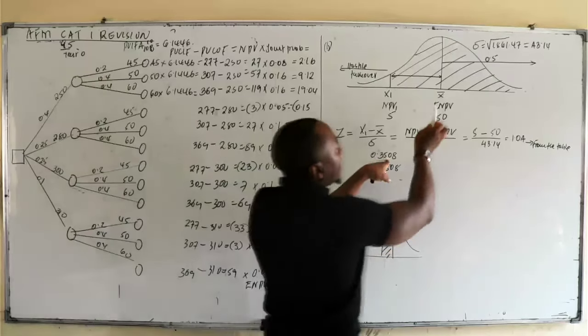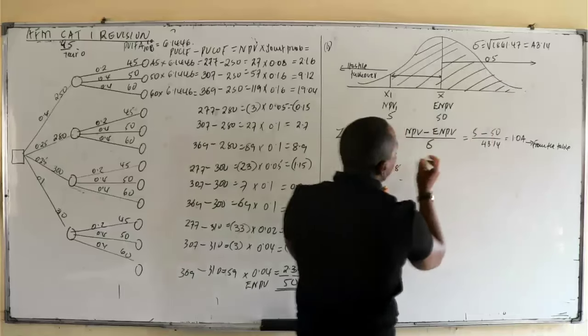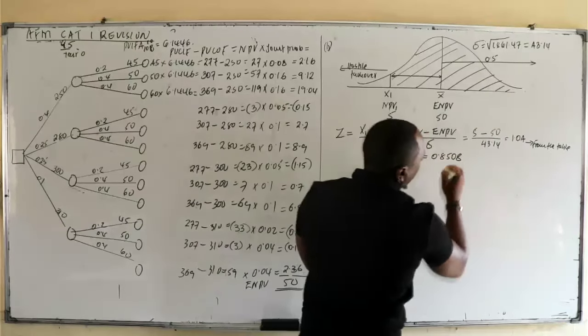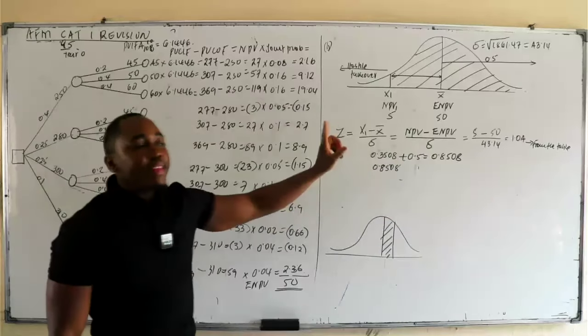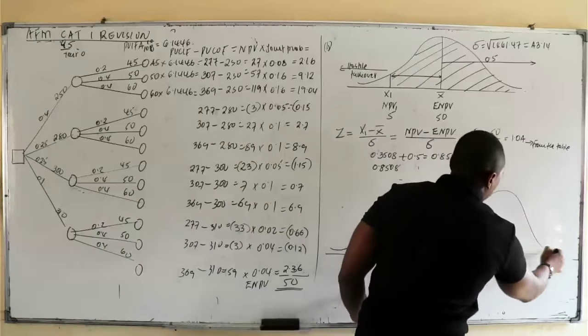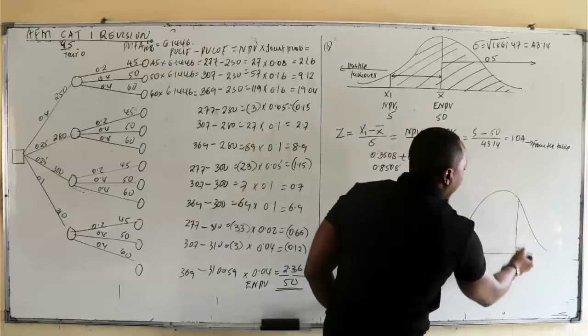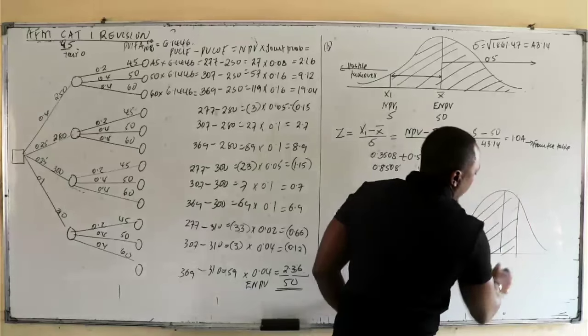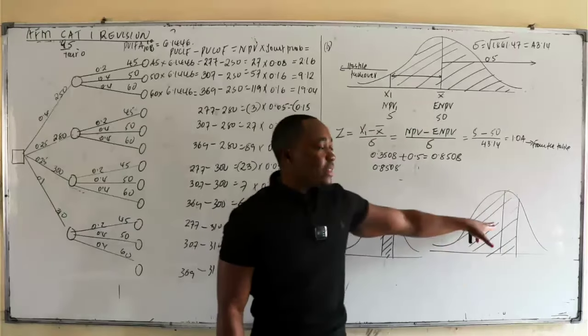Then you factor in the other half, 0.5. And you get 0.8508. Then there is another table. If yours is colored, you can be able to see, but if it's not colored, you won't see. The other one has shaded all the region. What does it mean? It has already factored in the other 0.5.